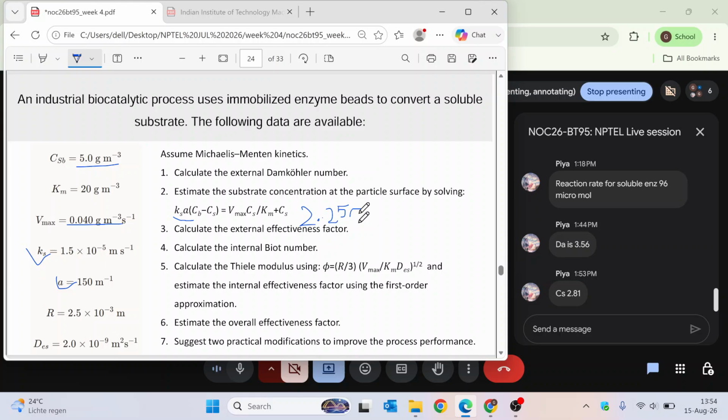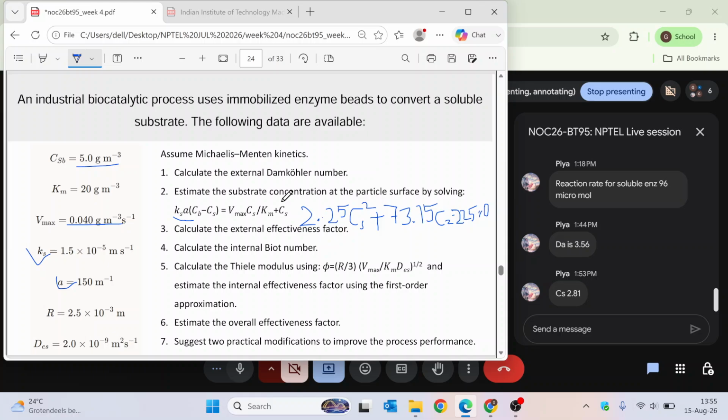2.25 Cs square less 73.75 Cs minus 225 equals 0. This was my final quadratic equation. I just substituted all the values given here into this.